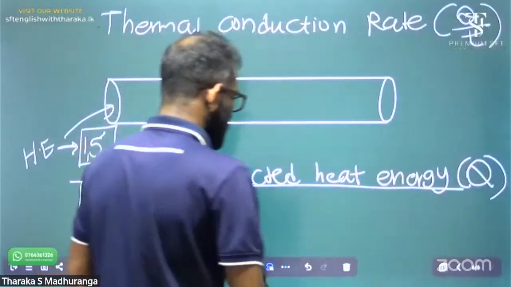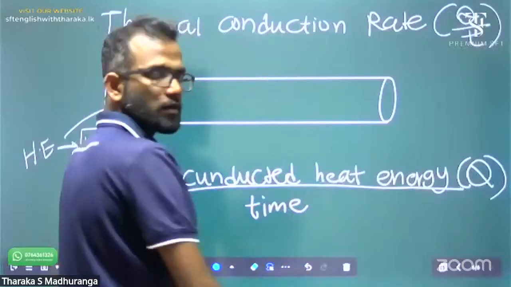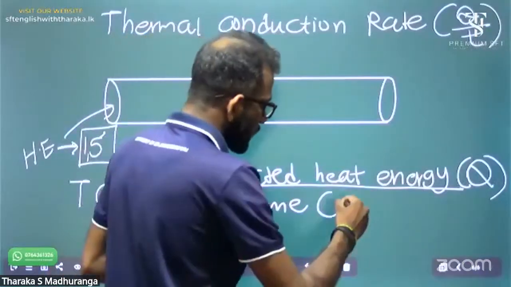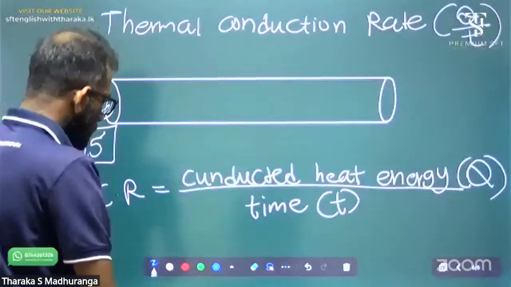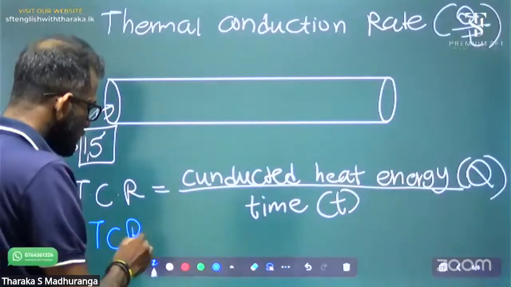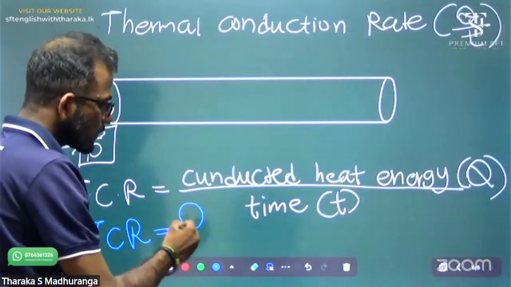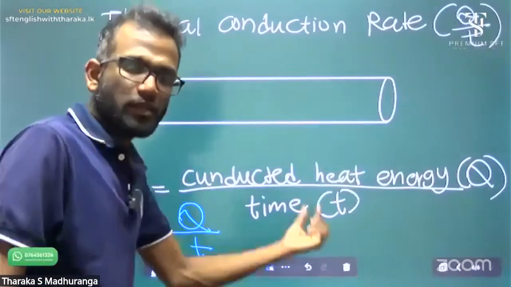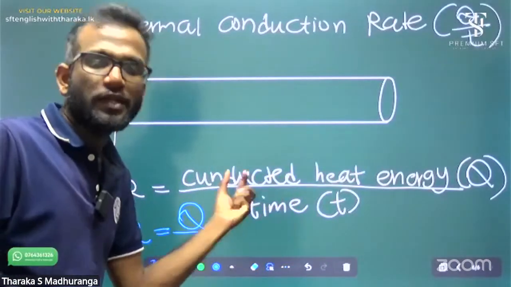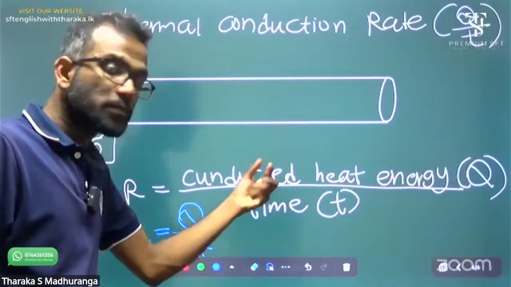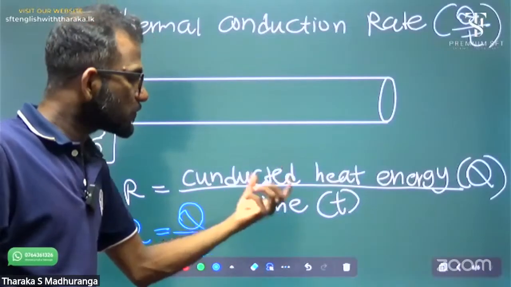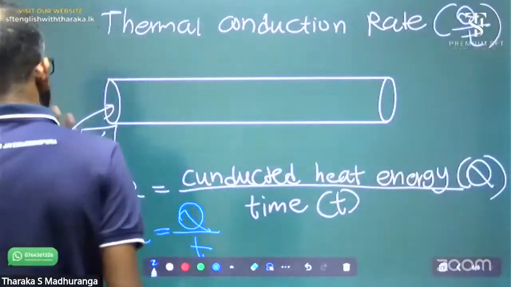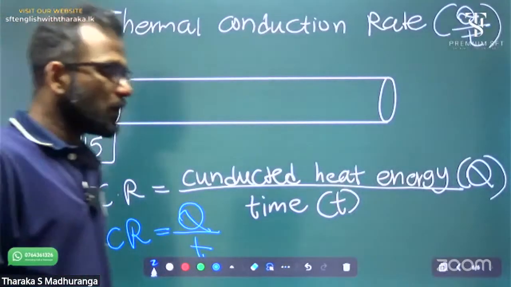The time taken for the heat transfer, that we call T. That's why I told you the thermal conduction rate equals Q over T: the amount of heat transferred per unit time. Remember? Rehlan? Okay?